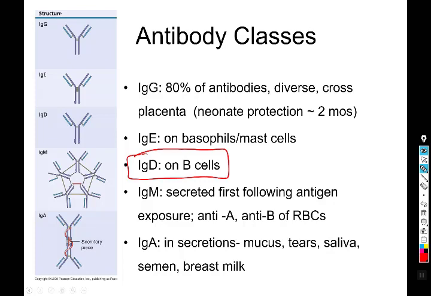These are super diverse because they're made contingent on recognition and sensitization. They also cross the placenta, and that imparts immune protection to the neonate for about 2 months until those antibodies are cleared from circulation. Hang on just a second.